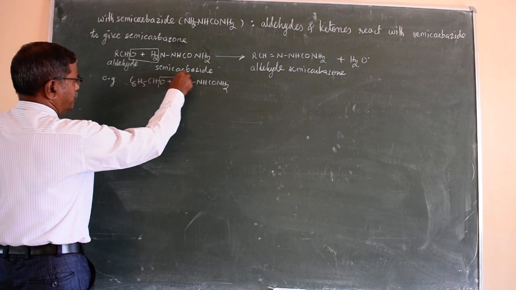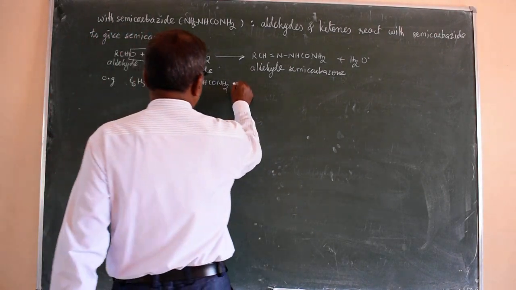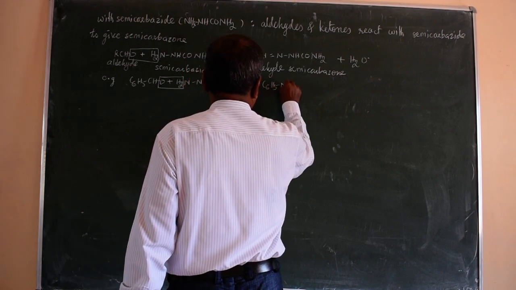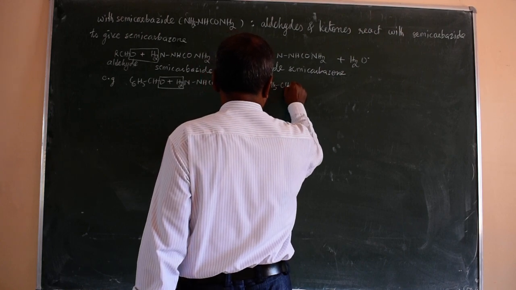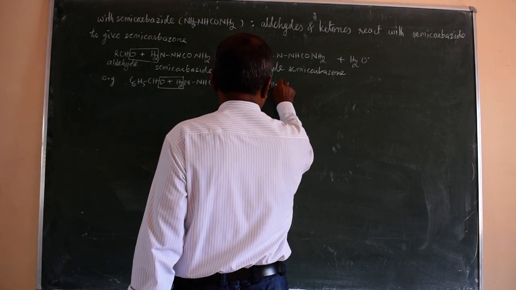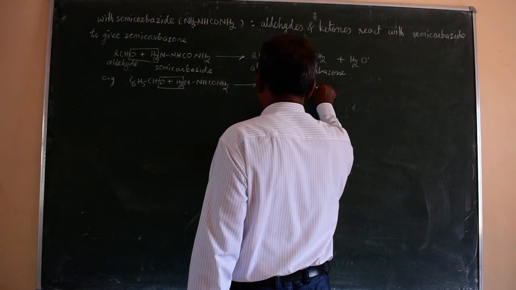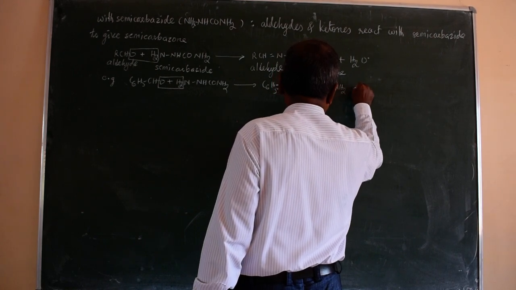So this NH2 is not involved in elimination. The product is C6H5CH double bond N NH CONH2 and H2O.